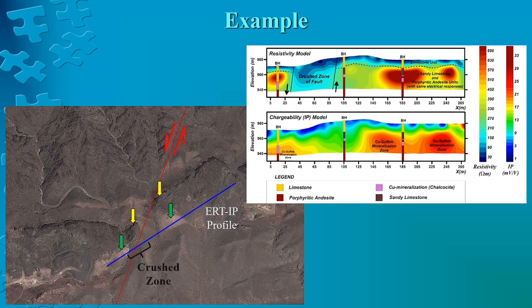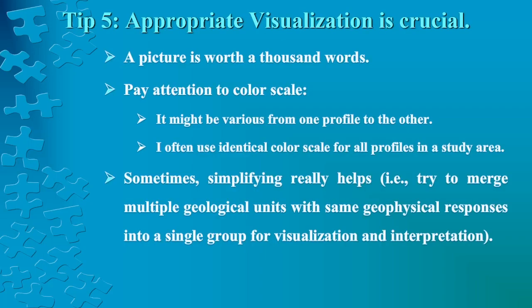So you should consider both of them as one geological layer in your electrical resistivity model so that you can differentiate them from the top limestone unit. So this is another point to mention. Yeah, let's go to the next slide.